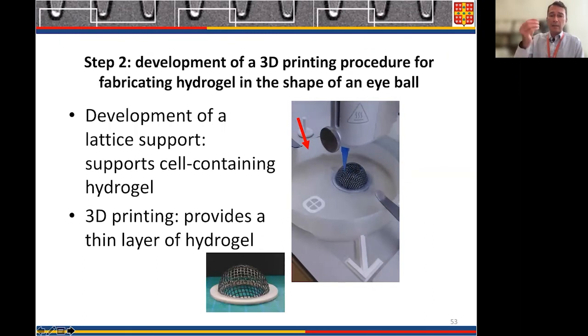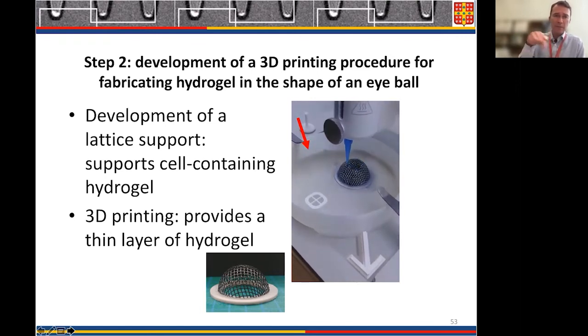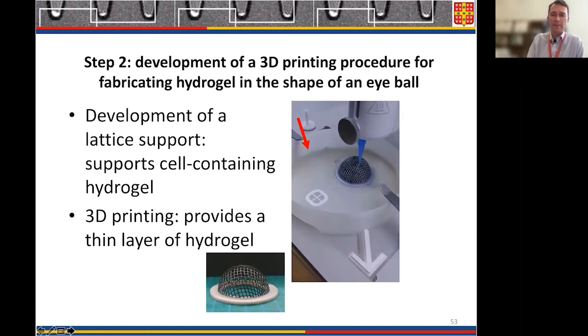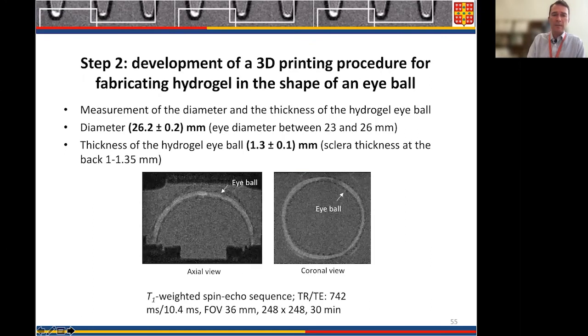And then the bioprinter deposits a very, very small filament of hydrogel by using a series of elliptical paths. And MRI is used at this step in order to verify and measure precisely that the hydrogel that is deposited layer by layer remains of a certain thickness.